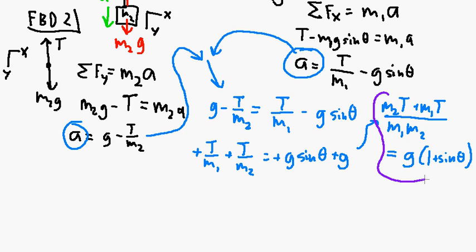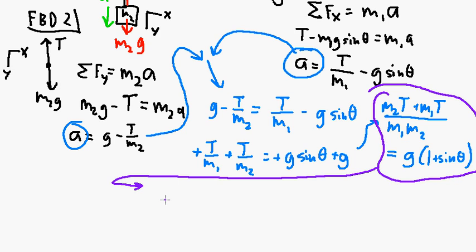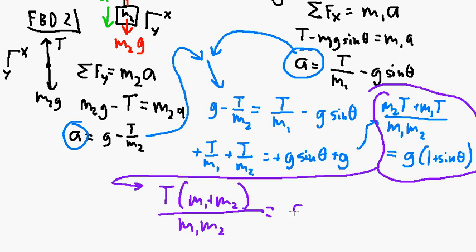So this here is going to simplify out to t times m1 plus m2 over m1 m2 equals g times 1 plus sine theta.